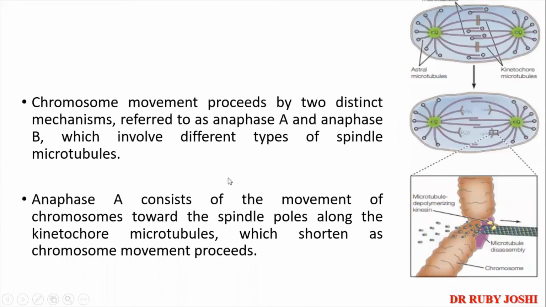Now see, chromosome movement proceeds by two distinct mechanisms, known as anaphase A and anaphase B, in which different types of spindle microtubules are involved. Now anaphase A consists of the movement of chromosomes towards the spindle poles along the kinetochore microtubules, which shorten as chromosome movement proceeds. So what is happening in anaphase A? Kinetochore microtubules are getting depolymerized. Okay, now look at the figure.